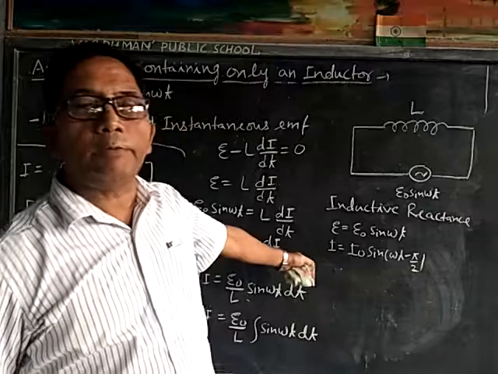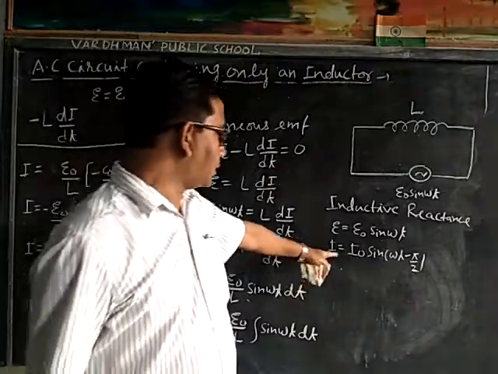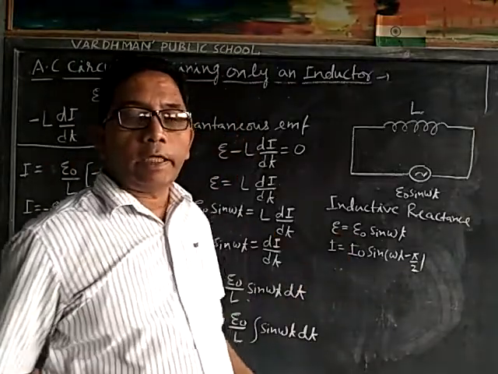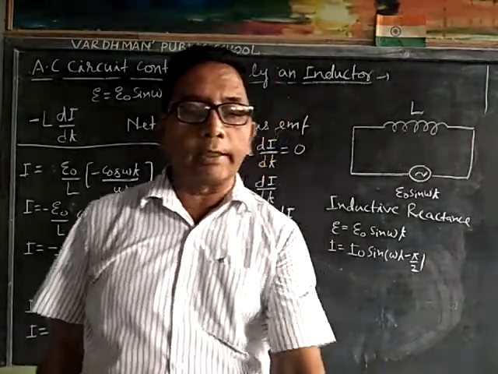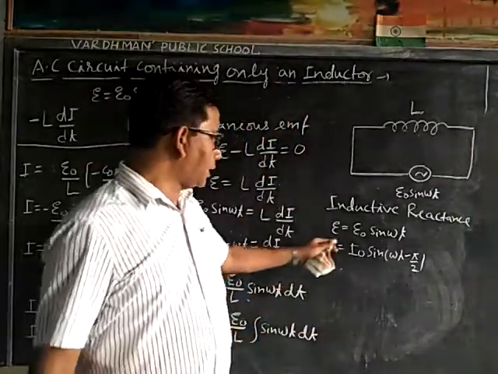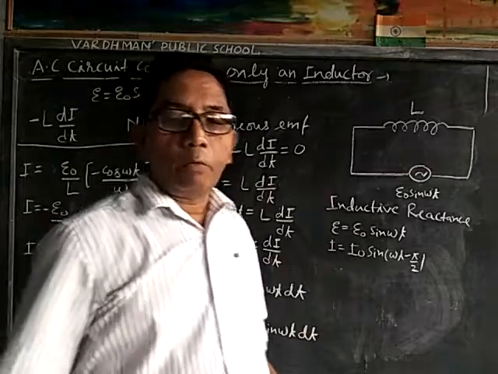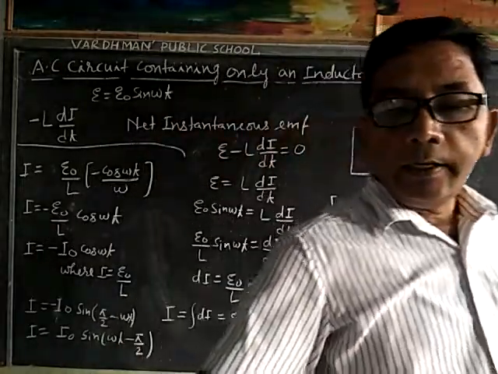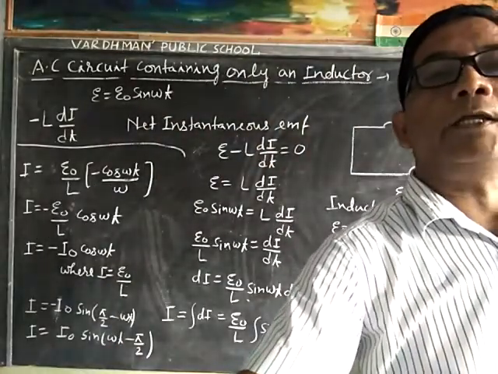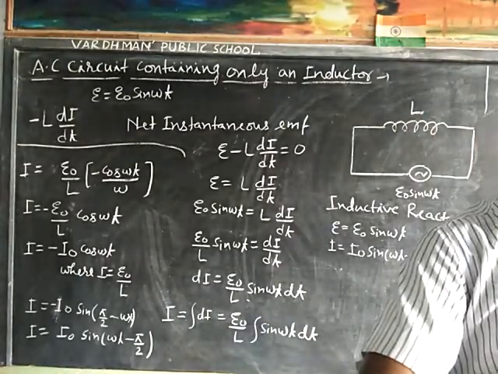Here we find the current always lags behind the EMF by pi by 2 radian, or the voltage across L leads the current by pi by 2 radian.